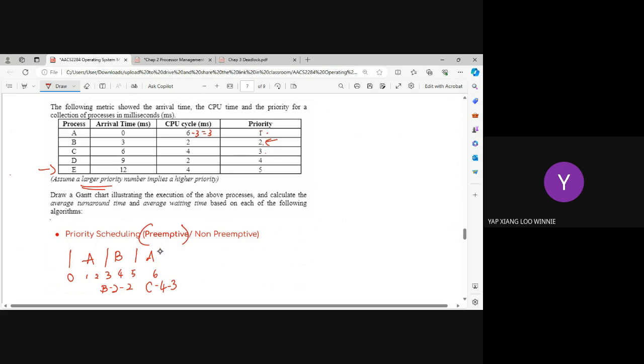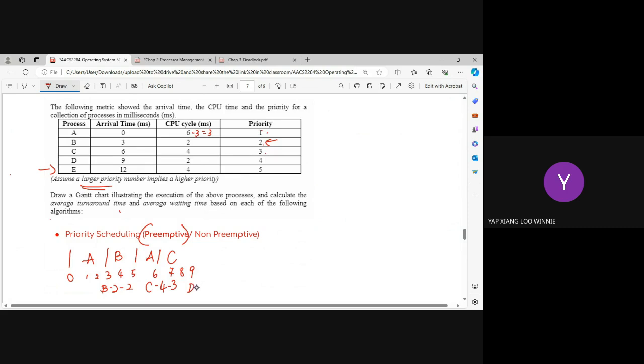So this time A has to go into the process control block, store the data into that, and your CPU is going to execute C. Now execute for 1 millisecond, 7, 2 millisecond, 8, 3 millisecond, 9. At this point you got a process D coming in already.